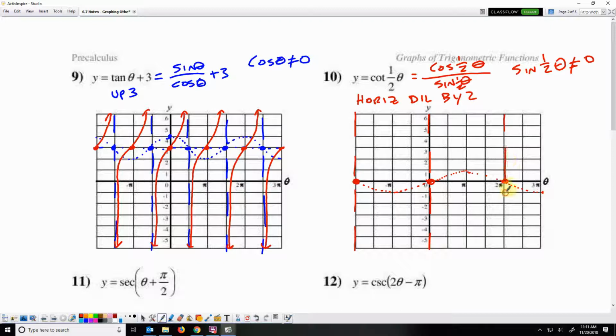So I've graphed a sine wave twice as wide as the basic sine wave. Halfway through each interval is the point that I'm going to have to go through. And this one is cotangent, so it's going to be backwards compared to tangent. And it's going to be wider because it has that horizontal dilation by 2.